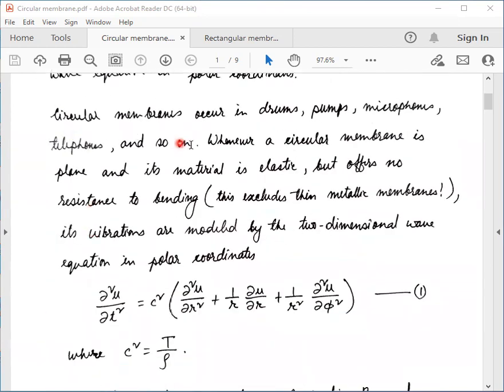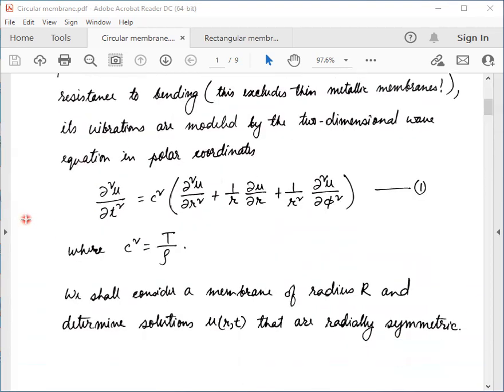Circular membranes occur in drums, pumps, microphones, telephones, and so on. Whenever a circular membrane is plain and its material is elastic but offers no resistance to bending, meaning it can bend freely, its vibrations are modeled by the two-dimensional wave equation in polar coordinates.